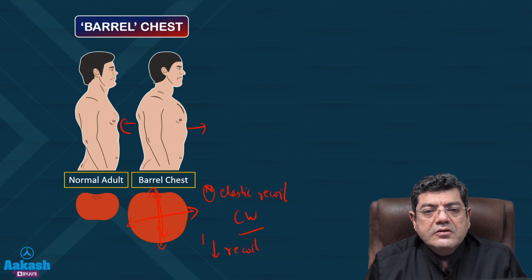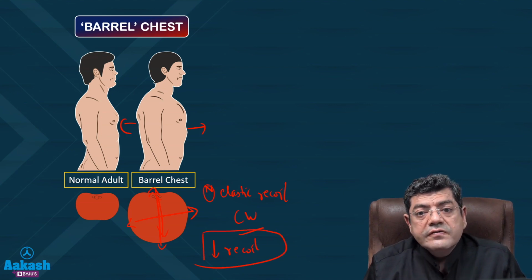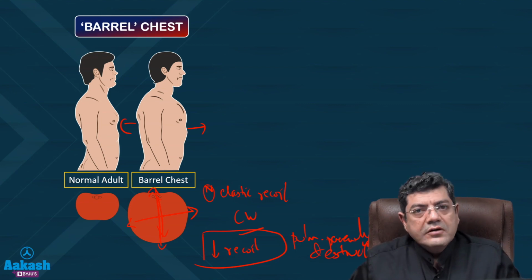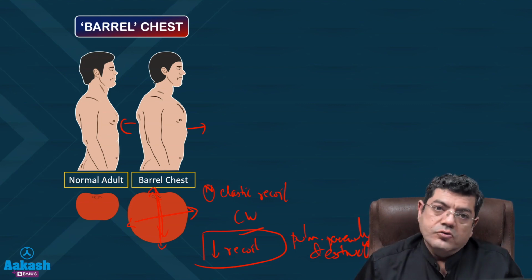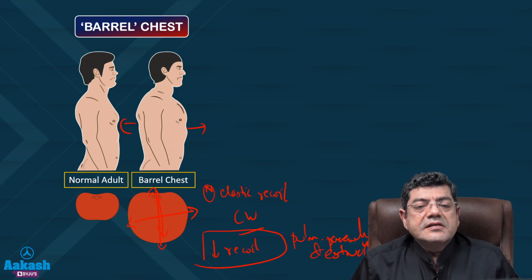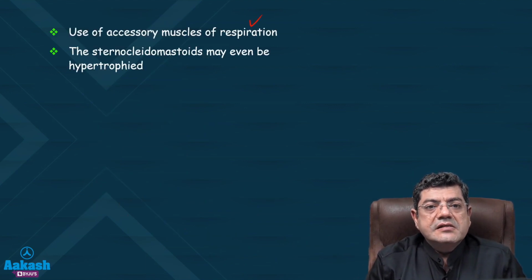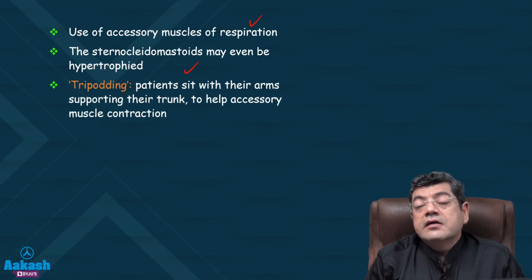So when this recoil is reduced because of pulmonary parenchymal destruction, the chest wall is free to spring more outward. Okay, that's barrel chesting. Besides that, we discussed about accessory muscles, the sternocleidomastoids, tripoding.